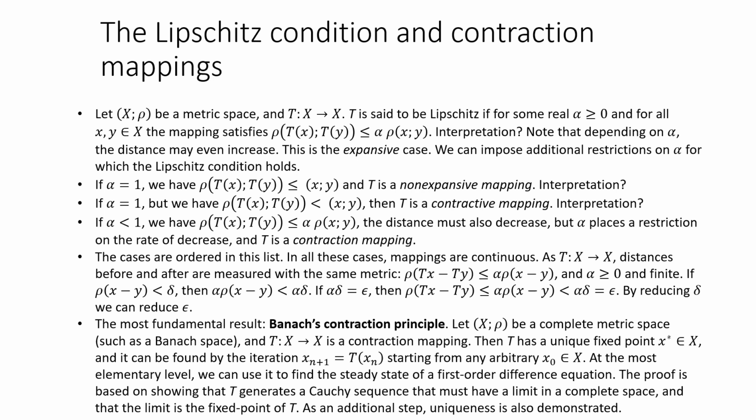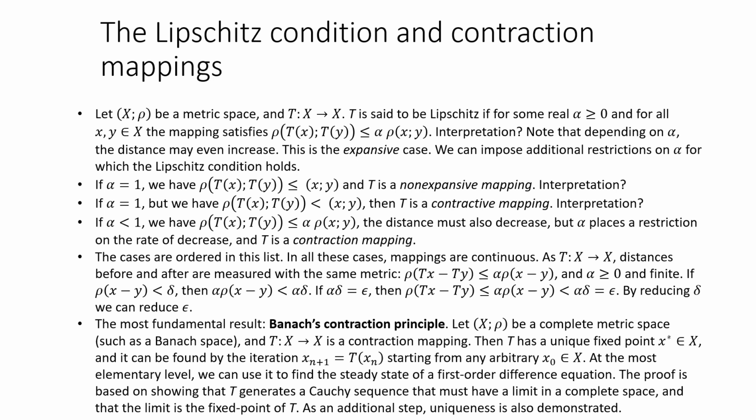This is not too good a property, because by applying such a mapping in successive steps, we can see that the distance may even increase, and we could hardly find a fixed point if we had a Lipschitz mapping. So this mapping may even be expansive, by which we mean that the distance is increasing.